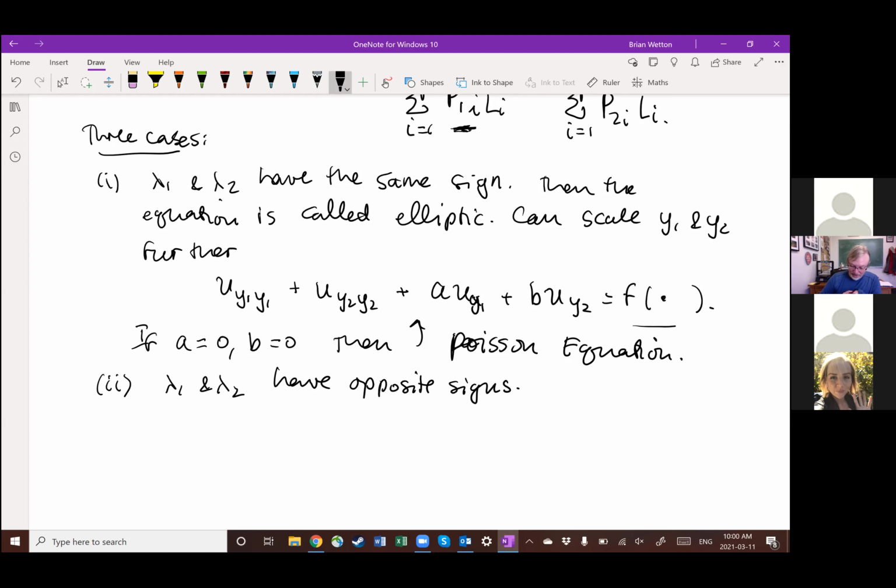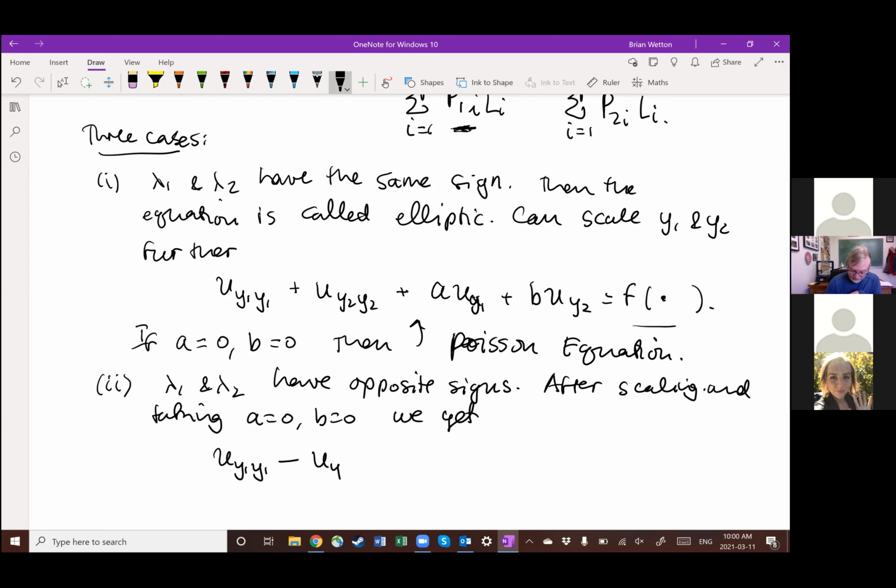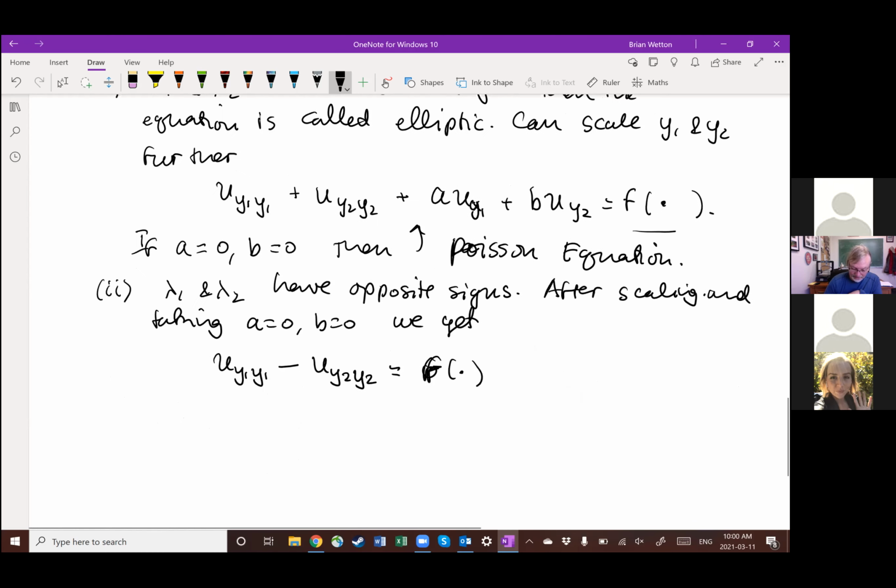Right? And then after scaling again, and taking the lower order terms equal to 0, we get, and this is the wave equation.